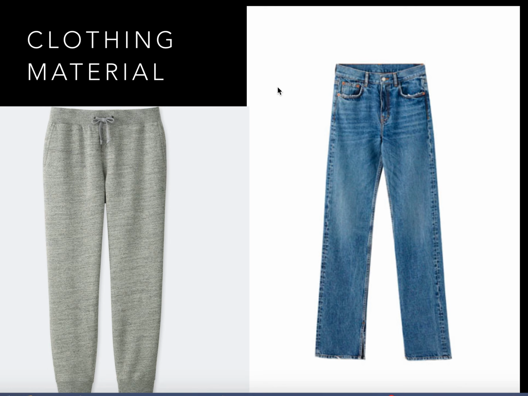So let's look at the jeans versus the sweatpants. Which material do you think is smoother? I would pick the sweatpants. The sweatpants are softer and the jeans are a little rougher. So going down a slide in jeans is going to affect how fun going down the slide is versus going down the slide in sweatpants.